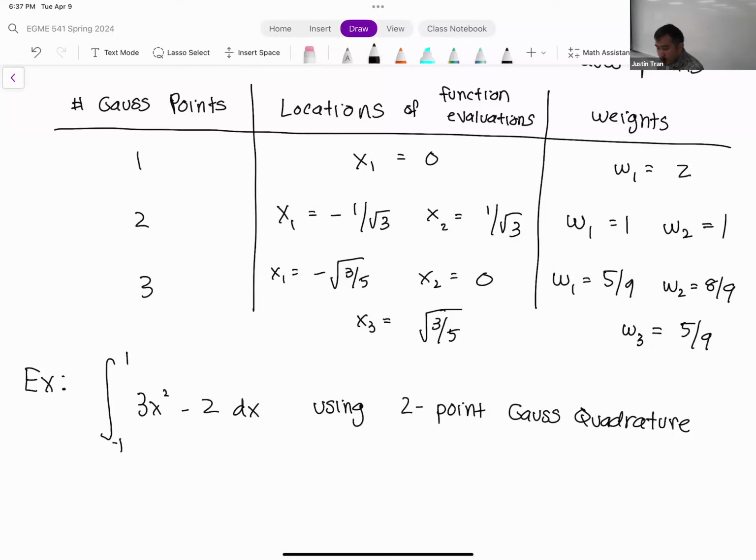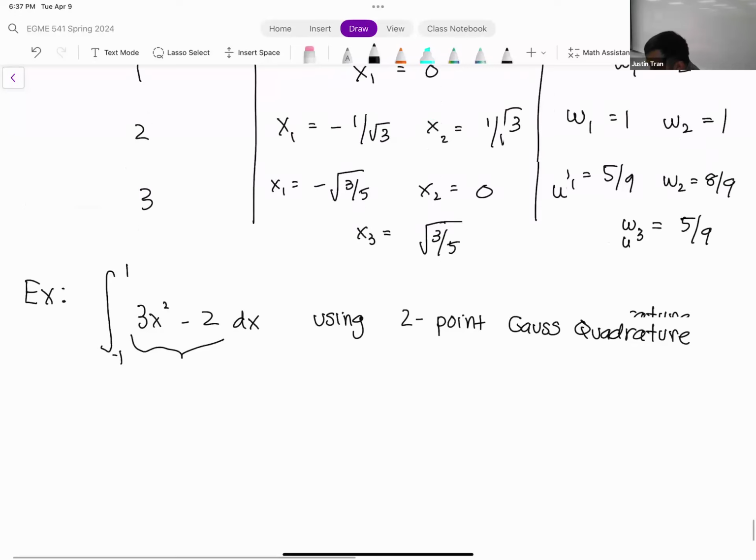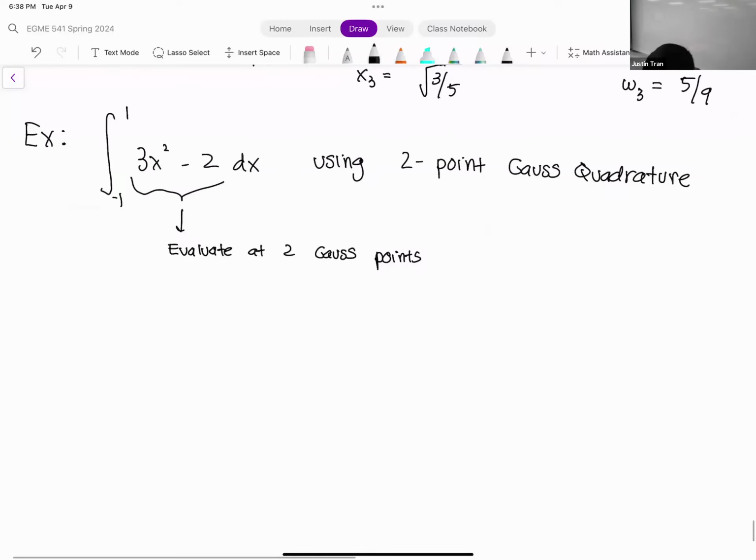So to use Gauss quadrature, you're going to take your integrand and you're not going to take the antiderivative. You're just going to take the function as it is. And so using the 2-point rule, we're going to evaluate it at 2 locations: x1 equal to -1/√3, and x2 equal to 1/√3. So let's do the first Gauss point first.